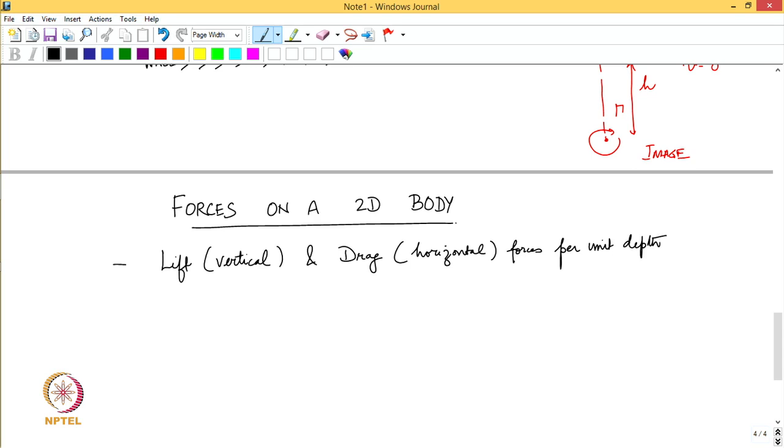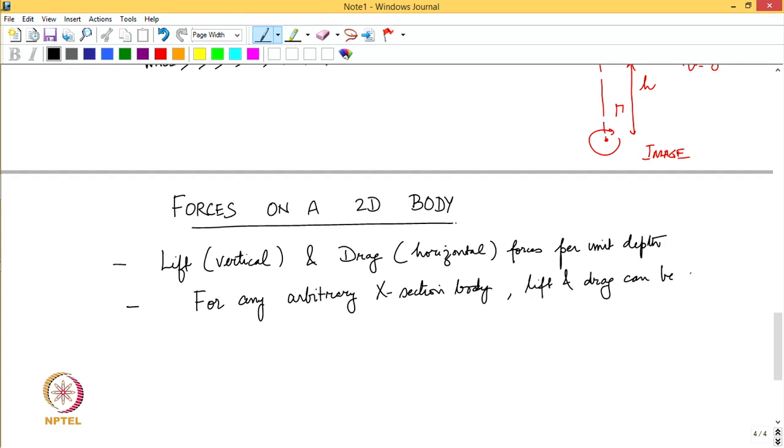physical 3-dimensional object. Now, the thing that we are going to work out is that these lift and drag forces for any arbitrary cross section body can be obtained using the Blasius theorem, which we will eventually derive in this lecture.